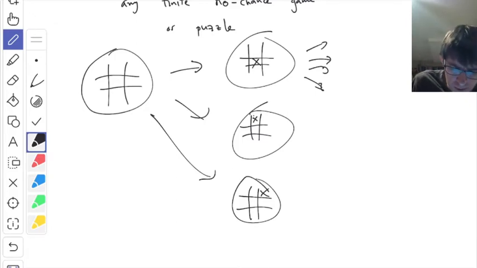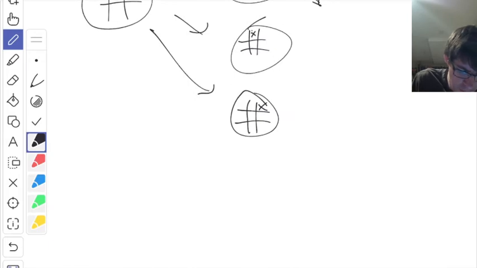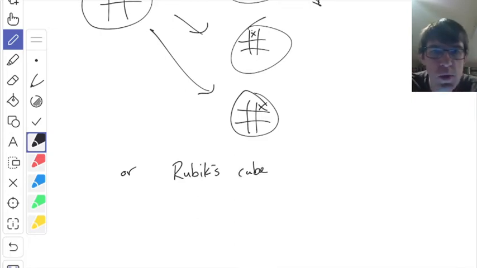Or maybe something like a Rubik's Cube. A Rubik's Cube puzzle also has only finitely many possible configurations it could be in, right? And it has a very specific goal configuration that you want to get to, right?